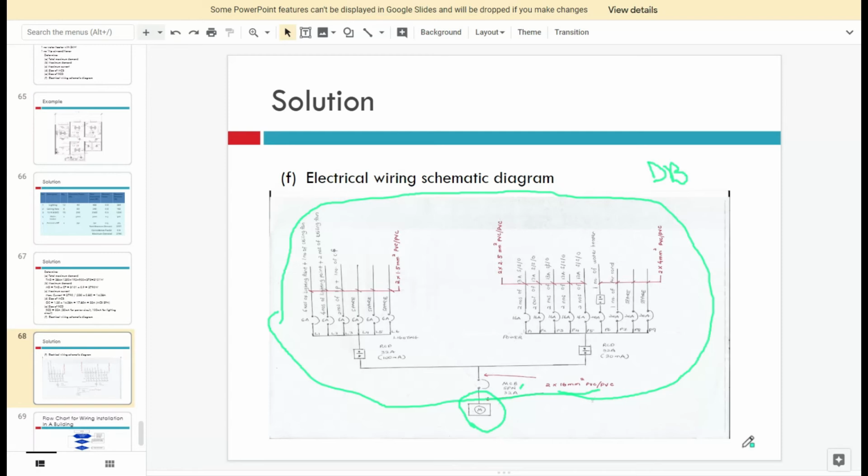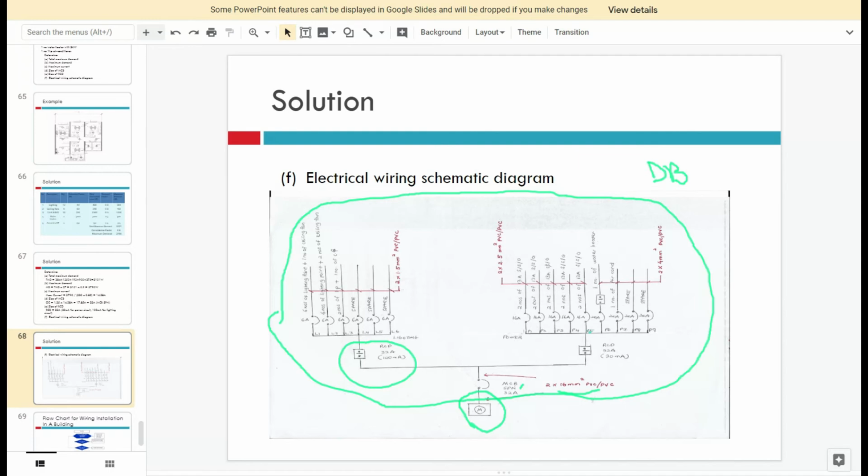So for the lighting circuit, after the MCB, we connect first with the RCD or the RCCB. The current rating is equivalent to the MCB, or much bigger than the MCB. But for this solution, I just choose the same as the MCB.